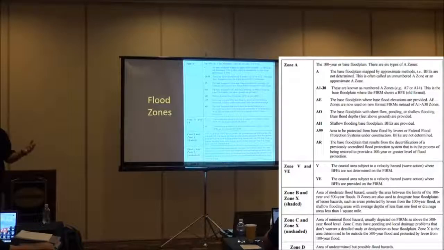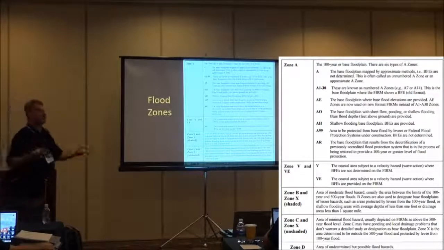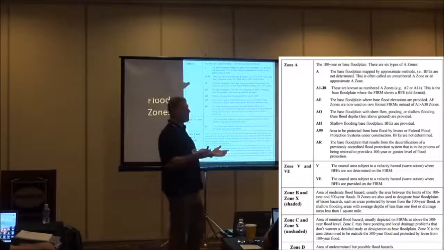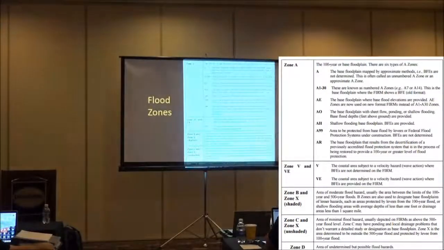As the levees and dams are being reconstructed, that area is going to become an A99 for a while. The time may depend on how long it takes to get the dam rebuilt or the levee reconstructed, but that's the general idea. At that point in time, we know it's protected, so it's an A99. Does it change at that point after it's used? It could, yeah. At some point, depending on what the reconstruction results in, it could change out of there.